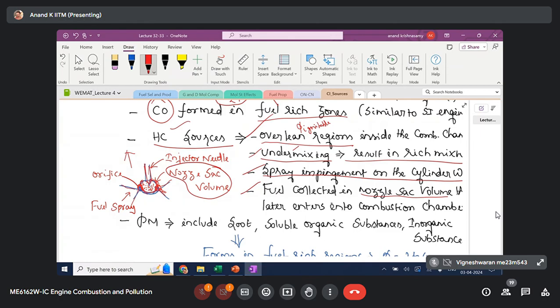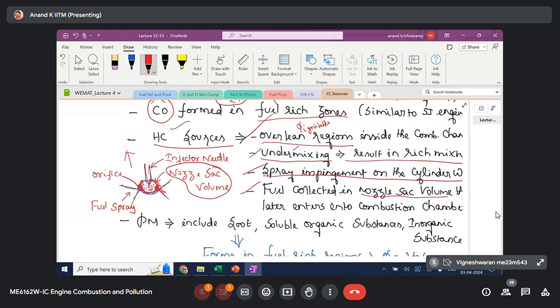So this provides a surface for the metering orifices. You will have n number of orifices located around this sac volume in a radial direction at equal angular intervals generally, because we want to ensure uniform air availability for all the sprays. Okay, you have to have a uniform mixture distribution. So you need to ensure that the air availability is equal for all the sprays. That is one of the important considerations.